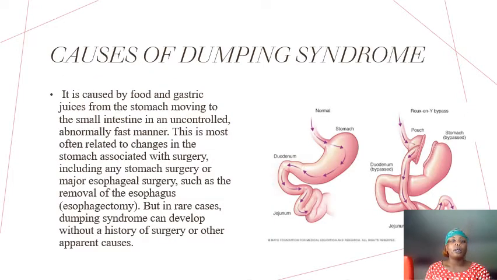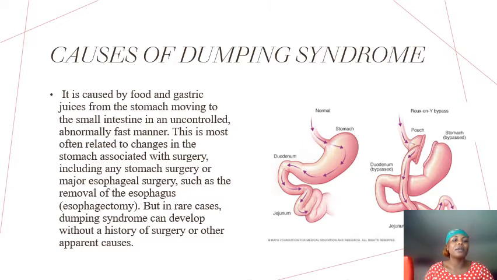So the cause of dumping syndrome, we can say it is caused by food and gastric juice from the stomach moving to the small intestine in an uncontrolled, abnormal, fast manner.